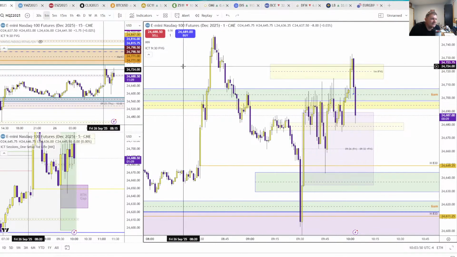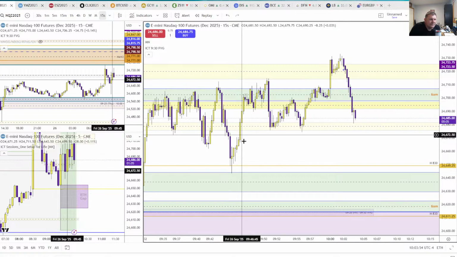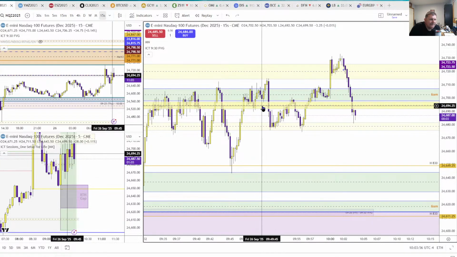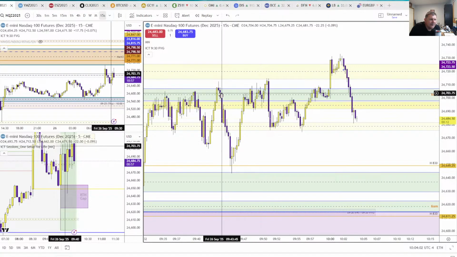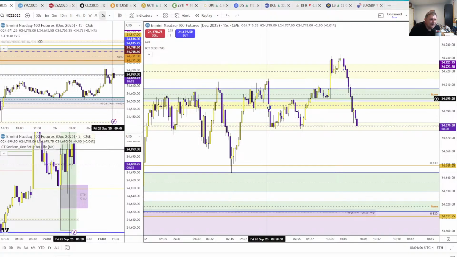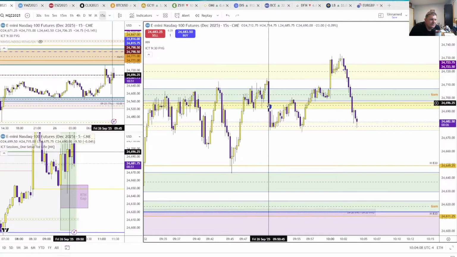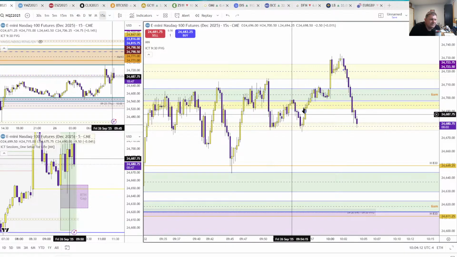Let's look at a 15-second chart. Traded above it, traded below it, above it, below it. Discount, you never got a discount.